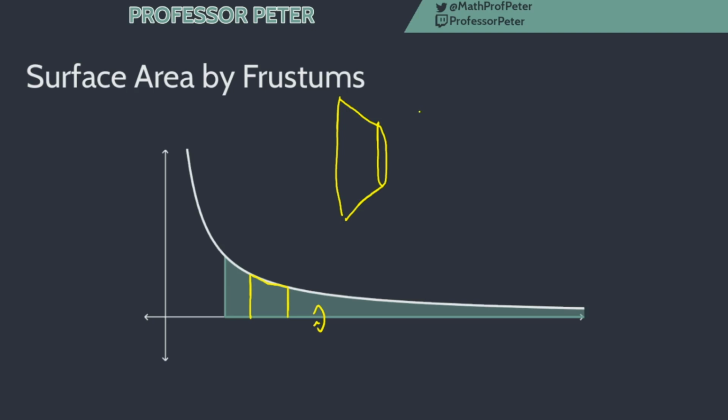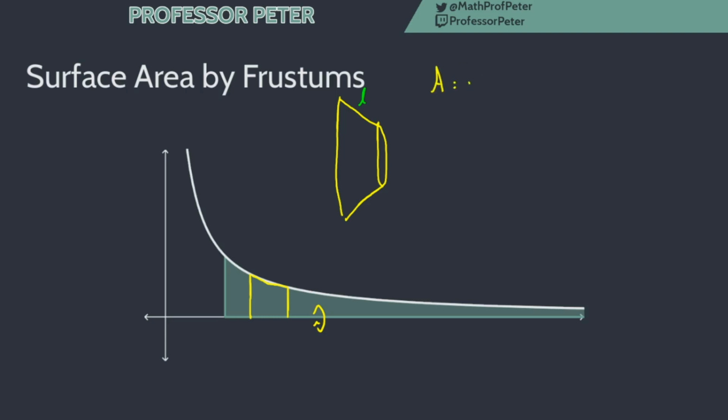And what we want to do is we want to approximate the surface area of this whole Torricelli's trumpet by looking at the areas of each of these frustums and adding them together. So the areas of our frustums are going to be similar to the area of a cylinder, except instead of a total length here, we're going to use this diagonal length. So for our area, this is what we're going to have.